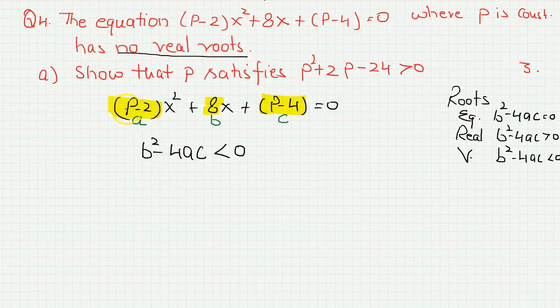So a is p minus 2, b is 8 and c is p minus 4. So let's put this value: b squared, that is 8 squared, minus 4, a is equal to p minus 2 and c is equal to p minus 4.